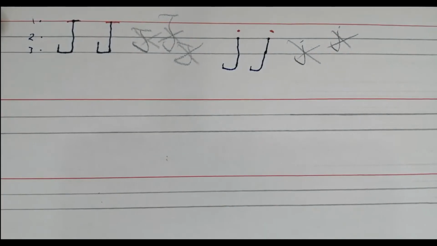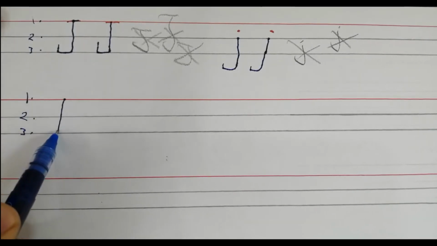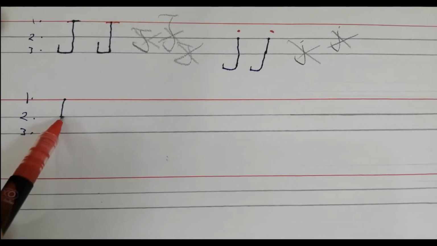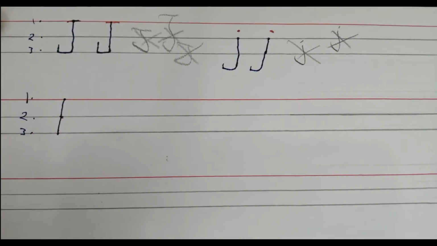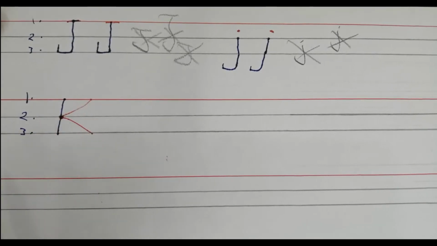How about K? Line 1, line 2, line 3, as usual. Starting falling line from line number 1 to line number 3. And on line number 2, we have a dot here, and a line up here and a line like that here.